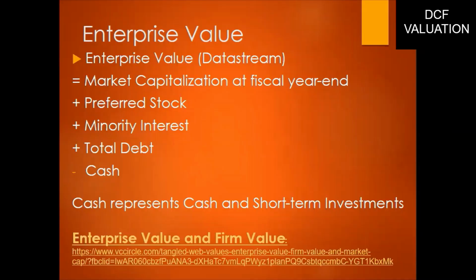So cash is deducted because of that reason, plus the reason that it could be used to simply buy back debt. So the enterprise value here, again, are the different claims: market value of equity or market capitalization, preferred stock, minority interest, total debt, less cash holdings or cash and short-term investments.